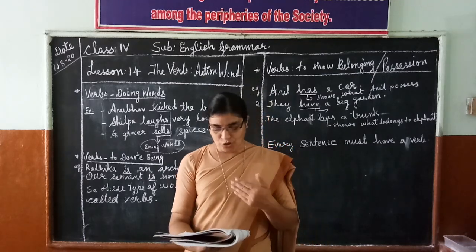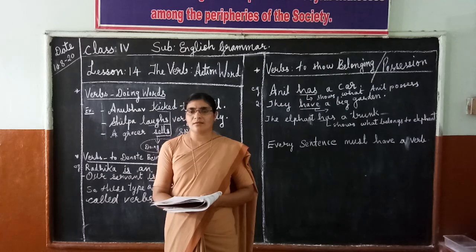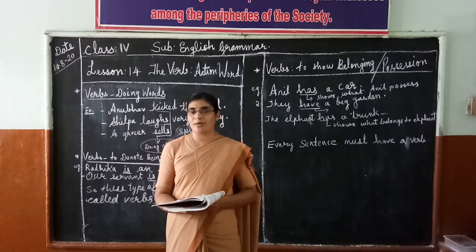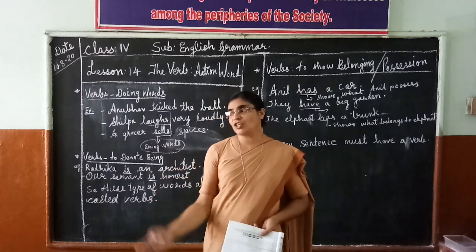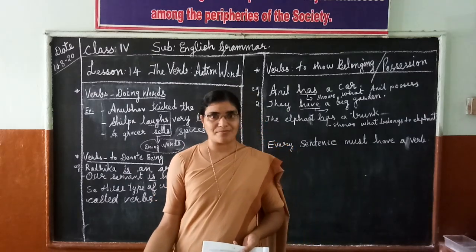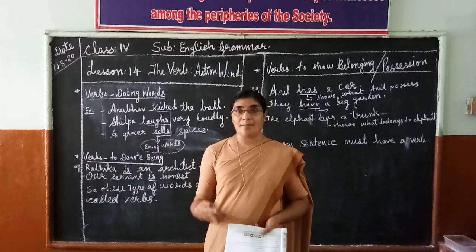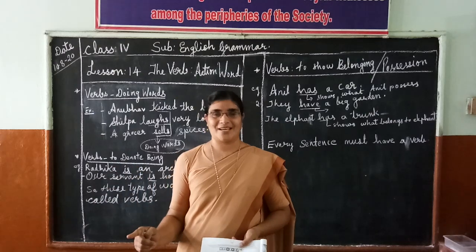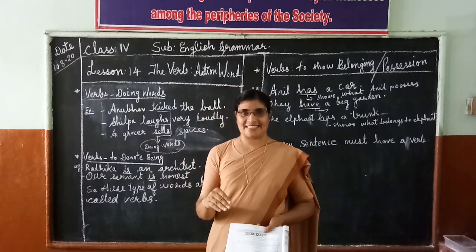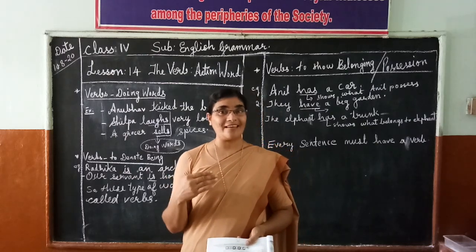Just go through your lesson and you will be able to understand. Especially remember, without a verb we cannot form a proper sentence. If you say "she intelligent," it does not give a proper meaning. But if we say "she is intelligent," it denotes being: that particular girl is very intelligent.